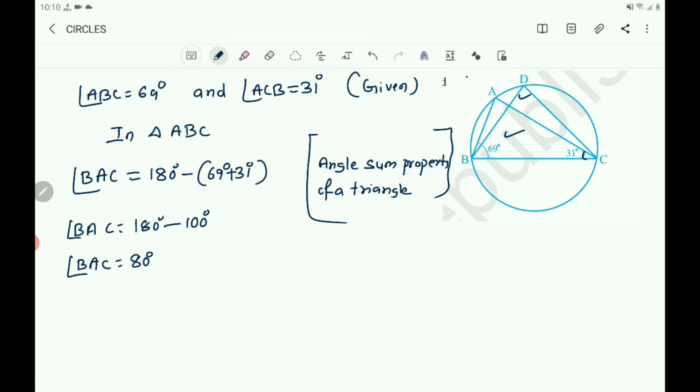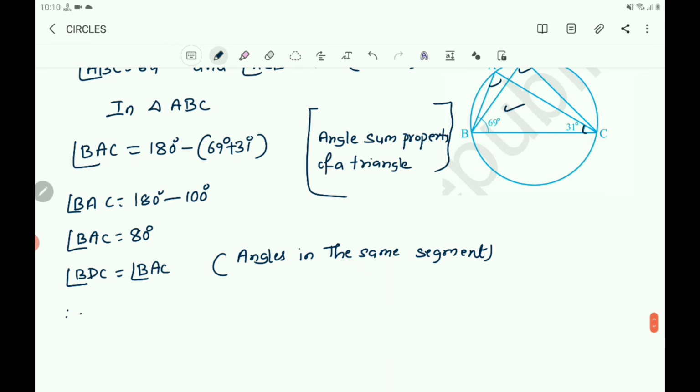So you got the angle BAC, that is 80 degree, and you know that angle BDC equals angle BAC. Reason you can give angles in the same segment. Angles in the same segment are equal. Therefore, you can have angle BDC equals how much? 80 degree. Angle BDC also 80 degree.